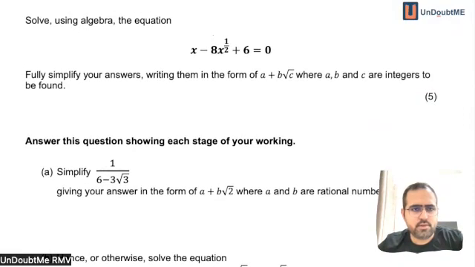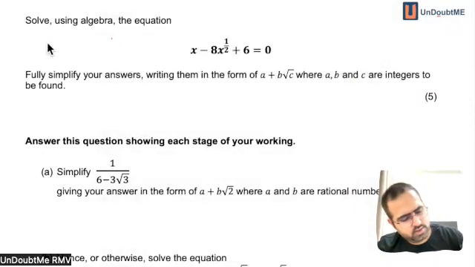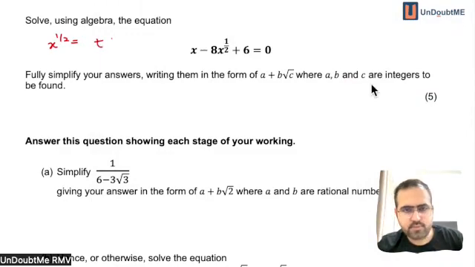Solve using algebra. Fully simplify your answers and write them in the form of this. Okay. For this question, there's one hint. Just take x to the power 1 by 2 as t, or any variable you can take. Let's take it as p. Easy to solve.